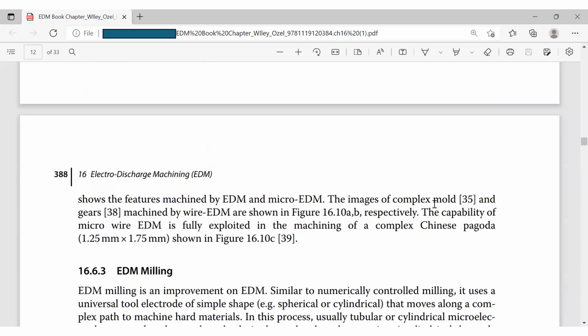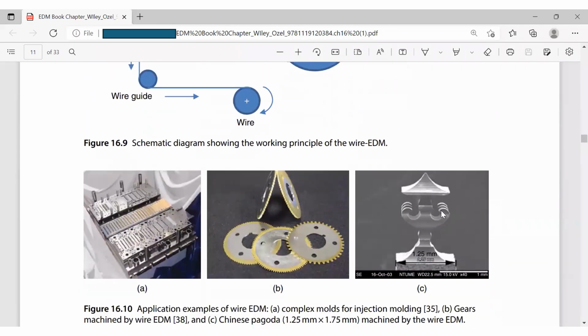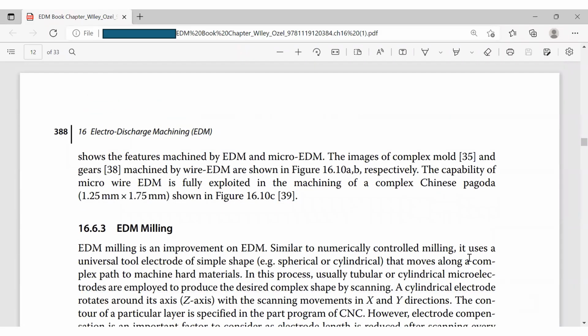The capability of wire EDM is fully exploited in the machining of the complex Chinese pagoda. So here, you can see different shapes. Any question regarding this wire EDM?